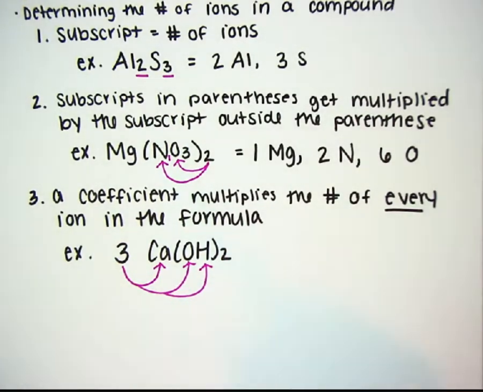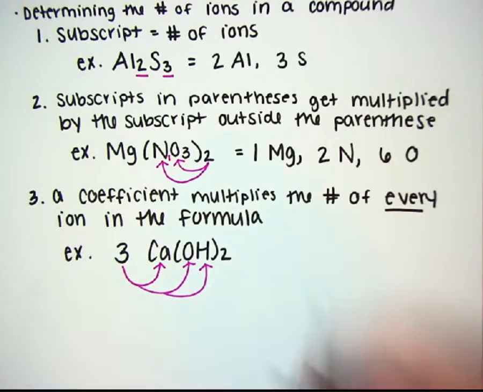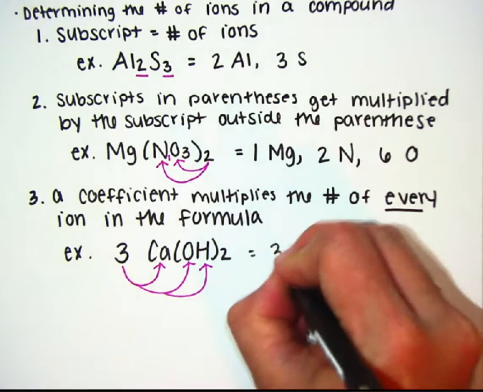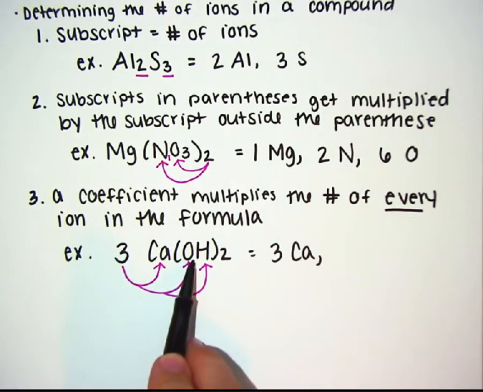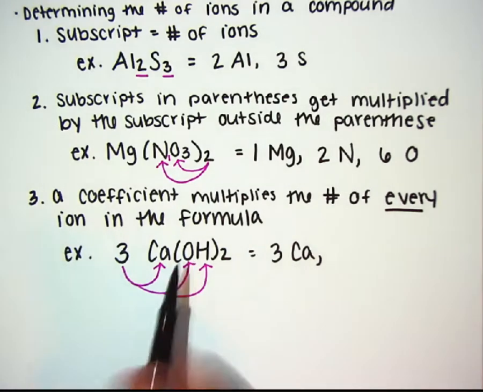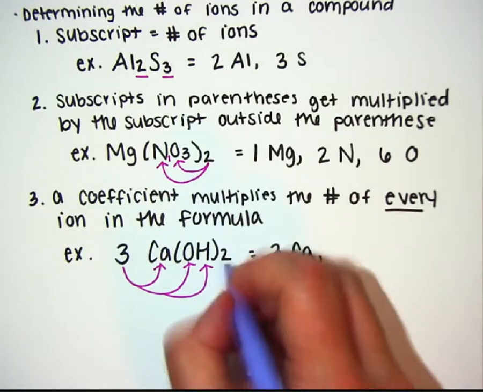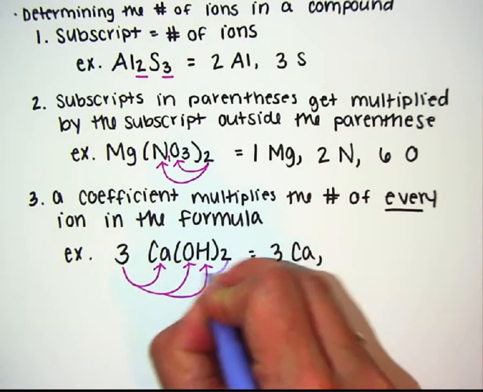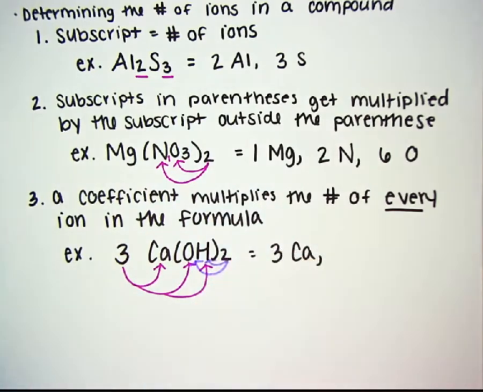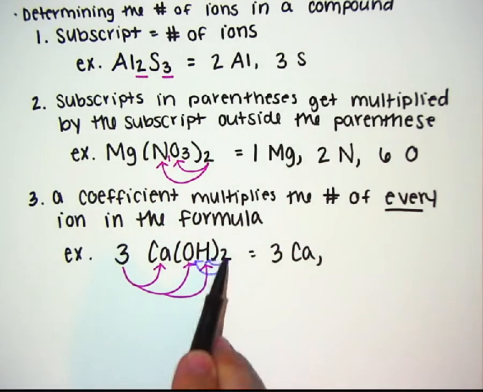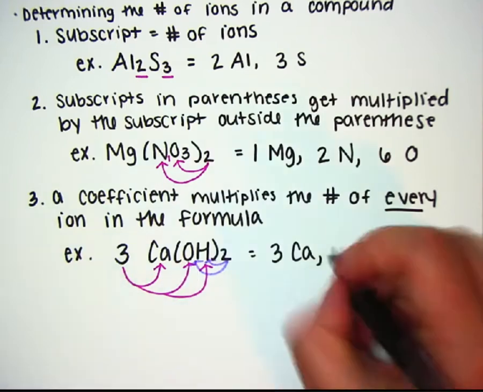And again, it multiplies. So I have 1 calcium, 1 times 3 is 3. I have 1 oxygen, but here's where you have to be careful, because remember, the subscript also multiplies in. So based on my subscript, I have 2 oxygens times 3 would give me 6.